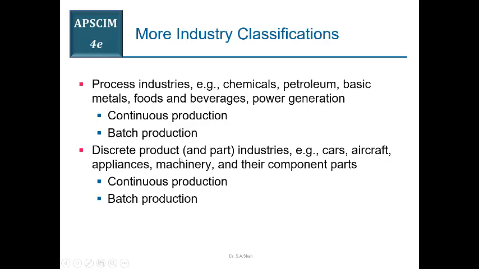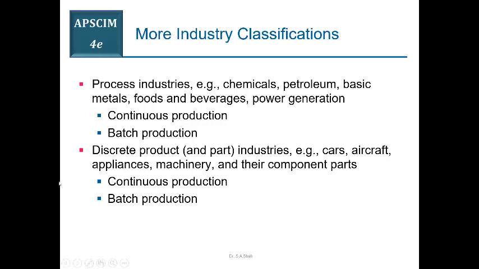In discrete part manufacturing, individual parts will be manufactured, and there are disruptions, there are discontinuities in between the workstations. A part will be loaded to an individual workstation, it will be processed, and then the process will stop. It will be unloaded from that particular workstation and transported to some other machine, और वहाँ पे फिर लोड होके दोबारा से प्रोसेसिंग एक्टिविटी जो है वो आपकी स्टार्ट हो जाती है.